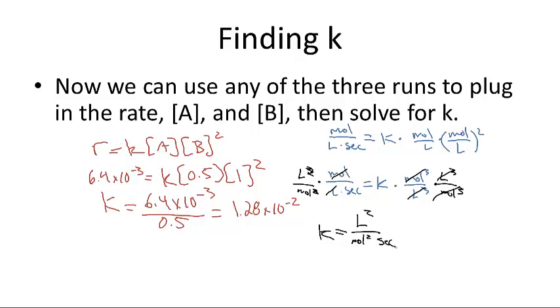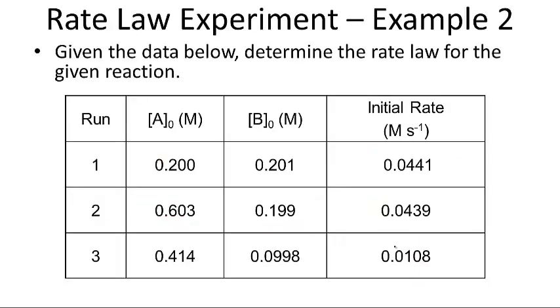Okay, so now we're looking at example 2. I want you guys to find the rate law for this reaction, the reaction between A and B. Remember, we're assuming the reaction's this, but it does not have to happen in one elementary step.